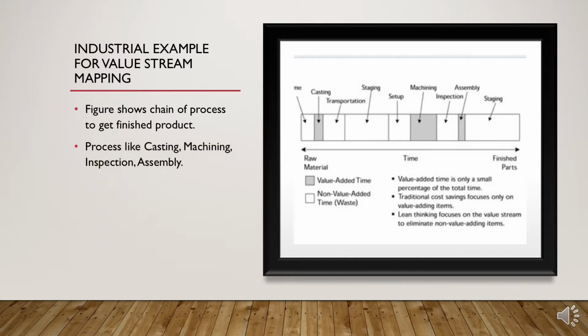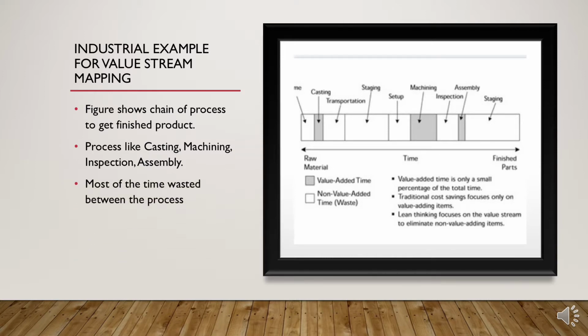So what are the processes involved to get the finished product? Casting, transportation, machining, inspection, assembly, and staging. These are the consecutive steps to get the finished product.